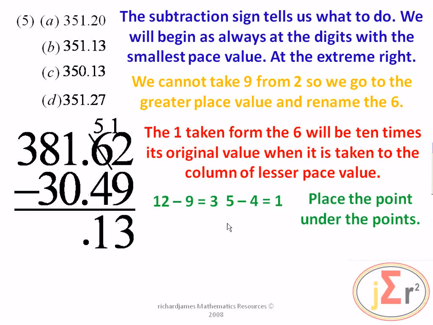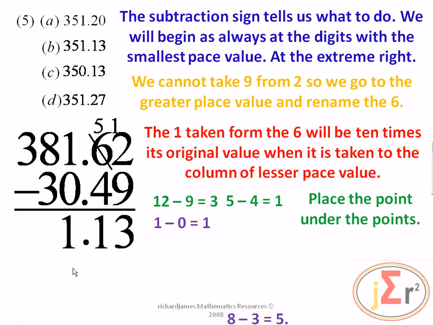Then what do we say? We say 1 minus 0, or we say 0 from 1. If you have something and we do not take away anything, it's going to be the same thing that remains. So 0 from 1, or 1 minus 0 is 1.